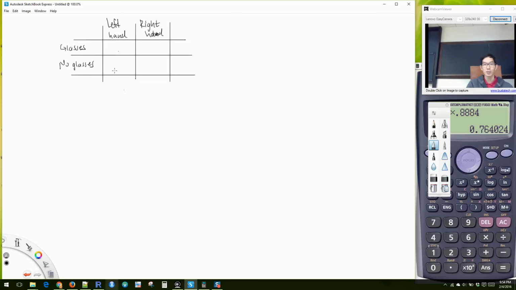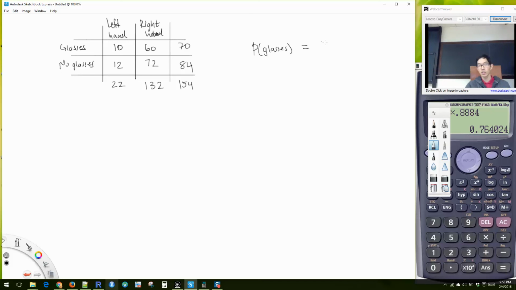Okay, and then maybe we have 10 and 12, 22, and 60, and 72, so what's that, 132 for a total of 154, 70 and 84. Okay, so then I could ask something like, what is the probability that someone wears glasses?